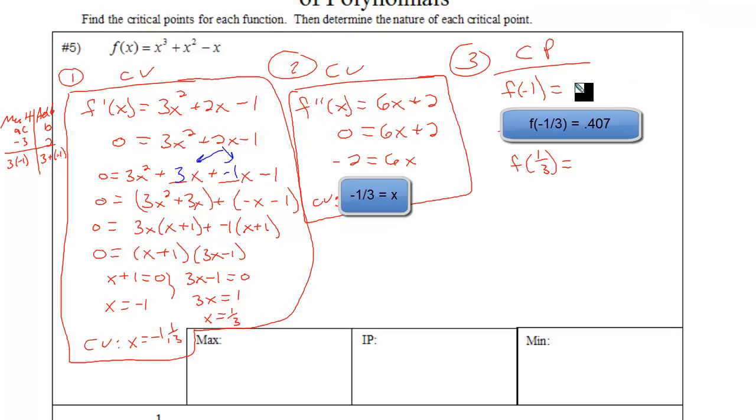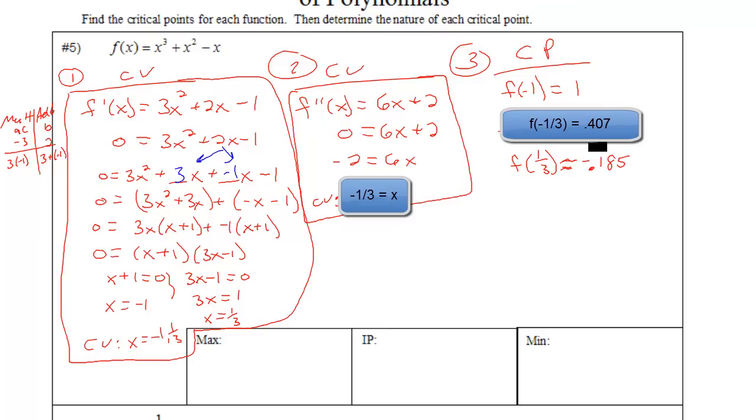Put a -1 into your calculator into this function, you're going to get a 1. If you put in -1/6, you're going to get approximately -0.185. If you put a third in, you're going to get approximately, pardon me, I wrote down the wrong number. That's for 1/3.